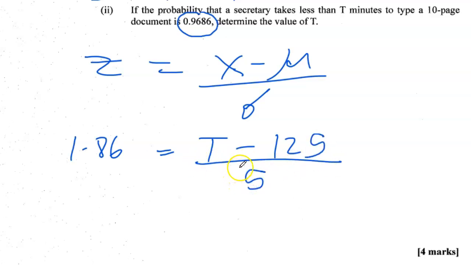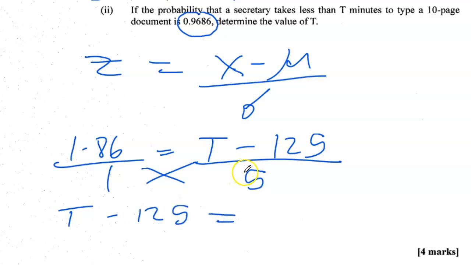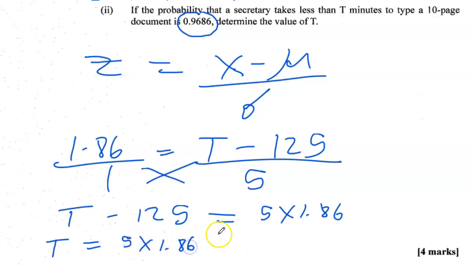So we can solve for T. If I just cross multiply there, that's T minus 125 equal 5 times 1.86. If I add 125 to both sides, T will be equal to 5 times 1.86 plus the 125.